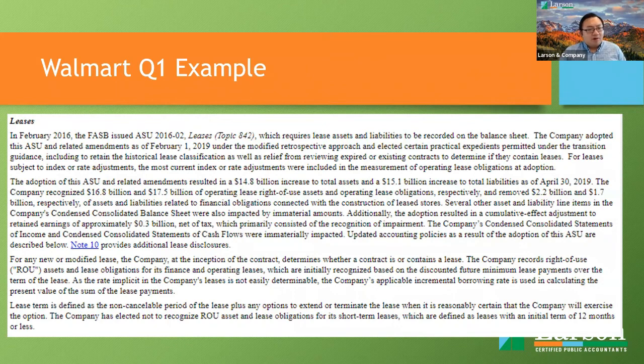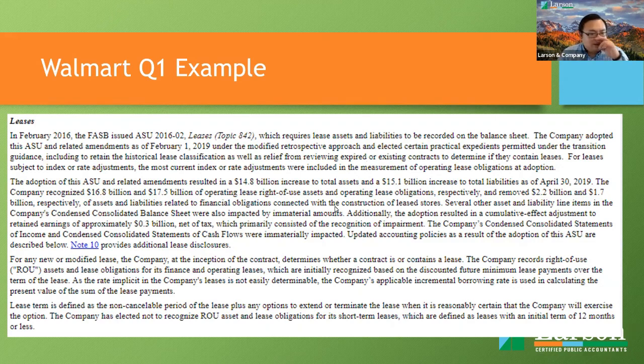So here's an example of Walmart. This is the adoption language, basically saying they have adopted the new lease guidance and have decided to use the modified retrospective approach, and then elected certain practical expedients that they're going to use for this lease guidance.